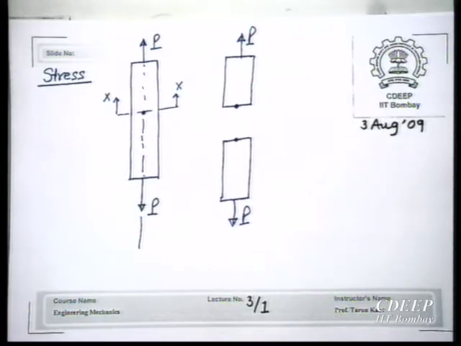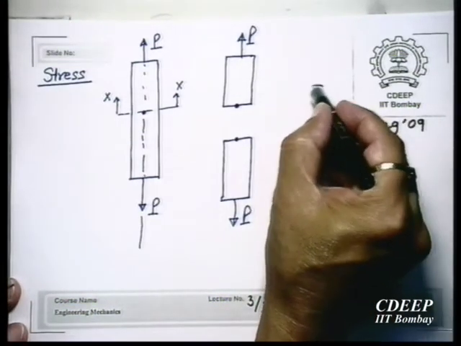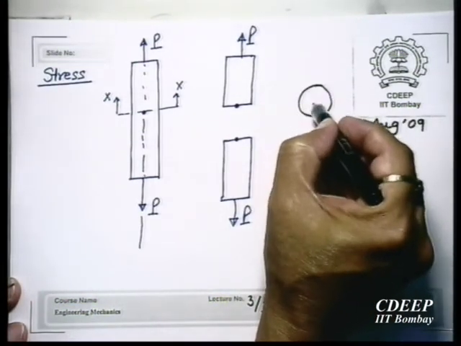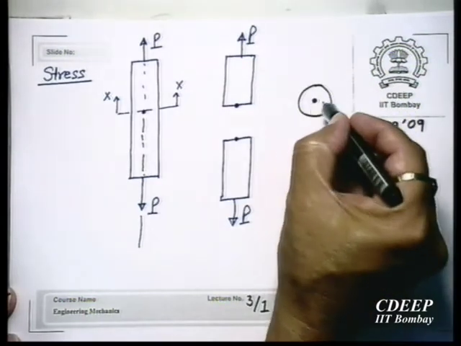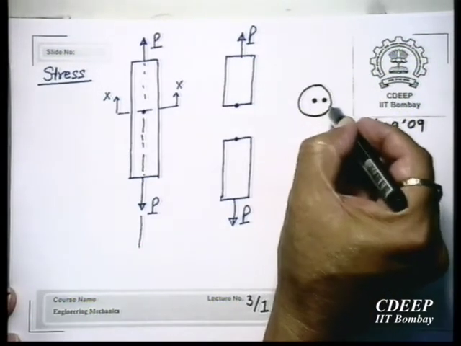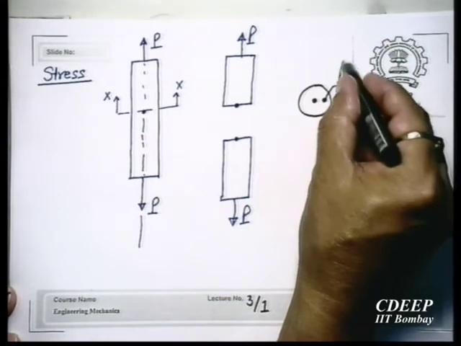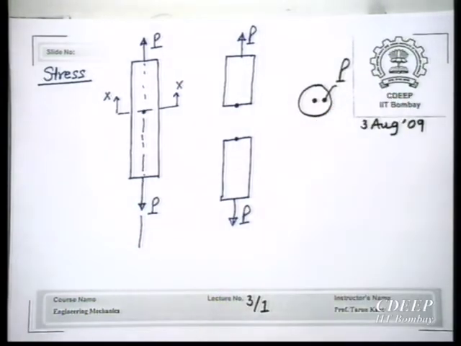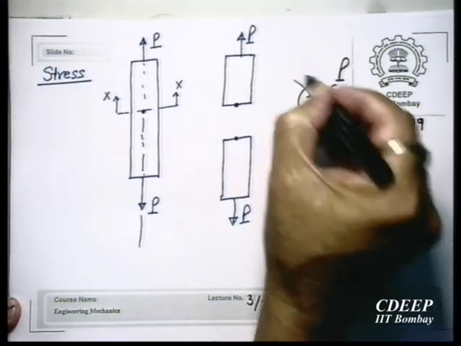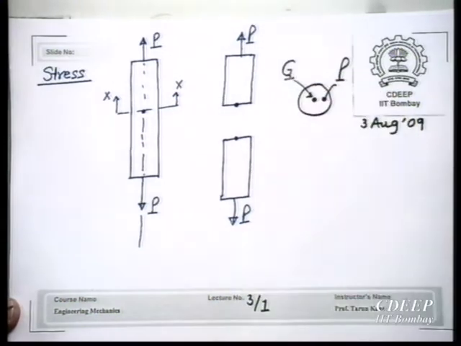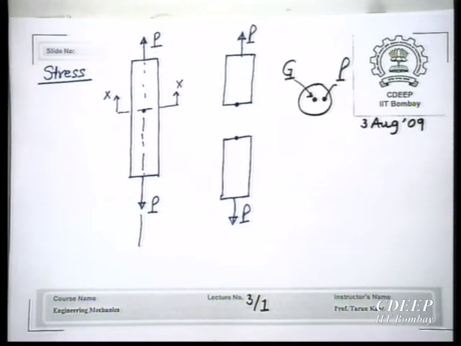So, I only said that at this cross section, because this cross section can be square, can be rectangular, can be anything, point P is there. For simplicity, let us take point P, this is point P. There is one centroidal axis, this is G, the center of gravity of the cross section.